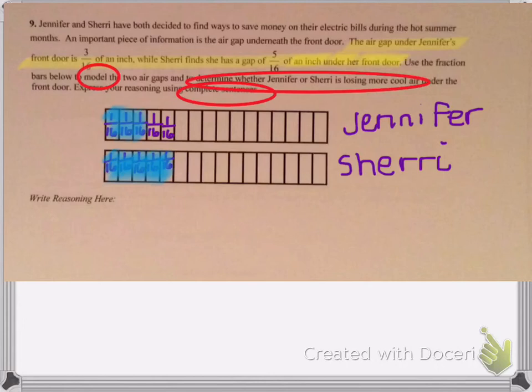Visually, we can see that Sherry's gap is larger than Jennifer's because Sherry's shading covers more of the fraction bar than Jennifer's, but there's also another reason why Sherry has a larger gap than Jennifer.